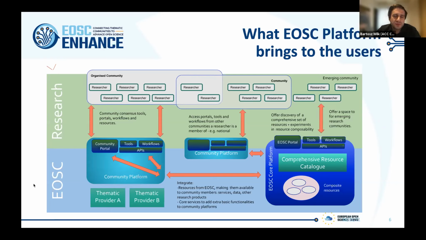It will provide some consensus on the tools and some support in the form of EOSC core platform tools, allowing them to bring their level of maturity higher and base their operations on established processes and interoperability guidelines.